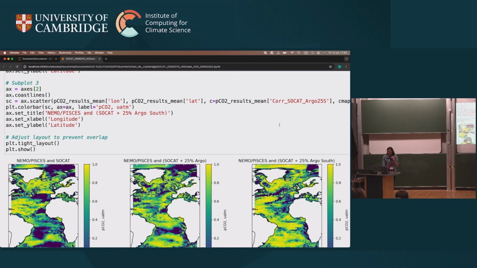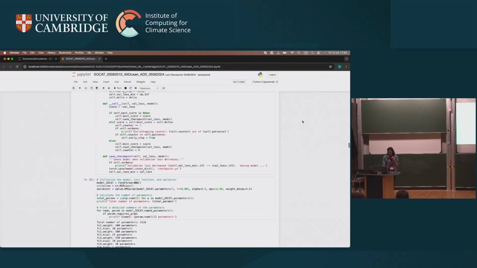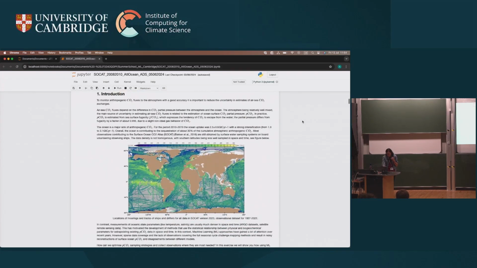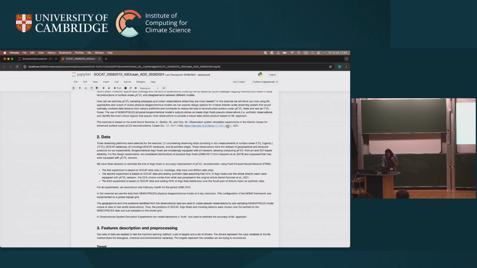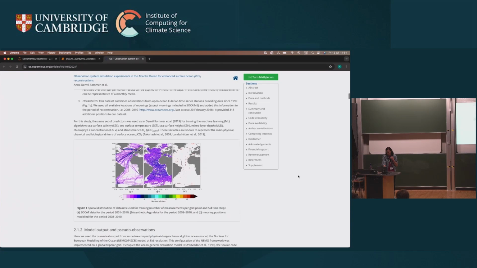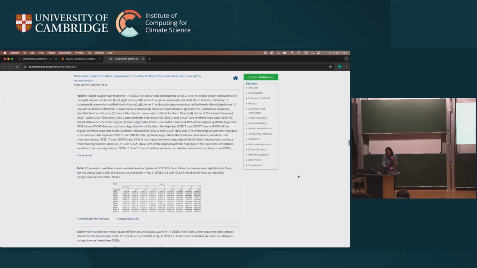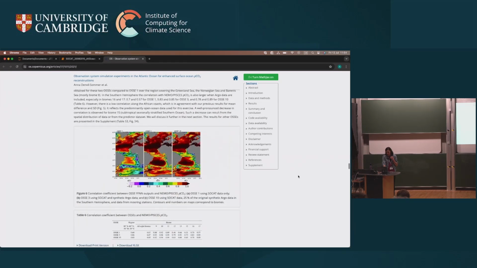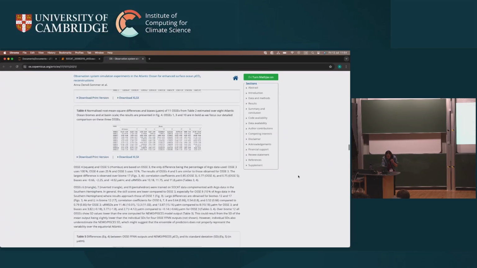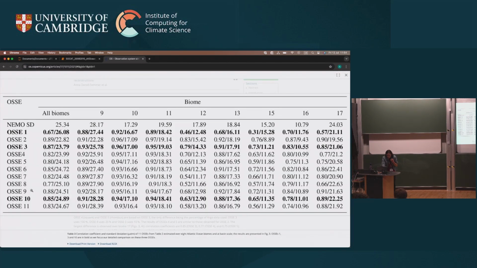No, we tried 25 and 10. I think there is a link, so you can go there. Yes, so there is this table, so we had 11 different experiments to try.